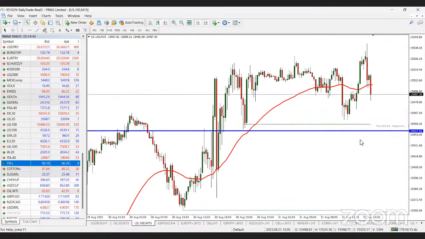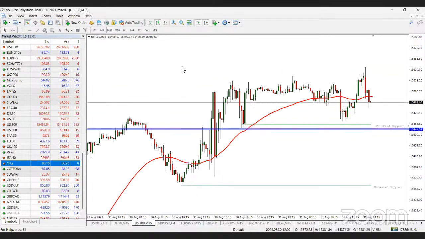So my advice for the 230 session is once US 100 trades below 15,440, I would expect that you actually sell on US 100.